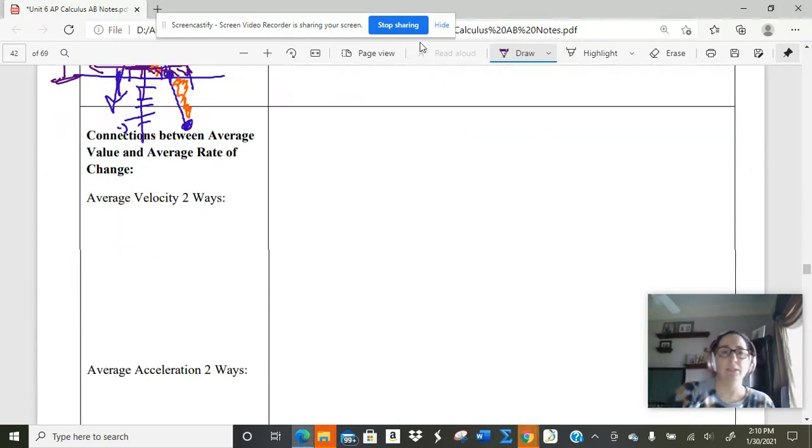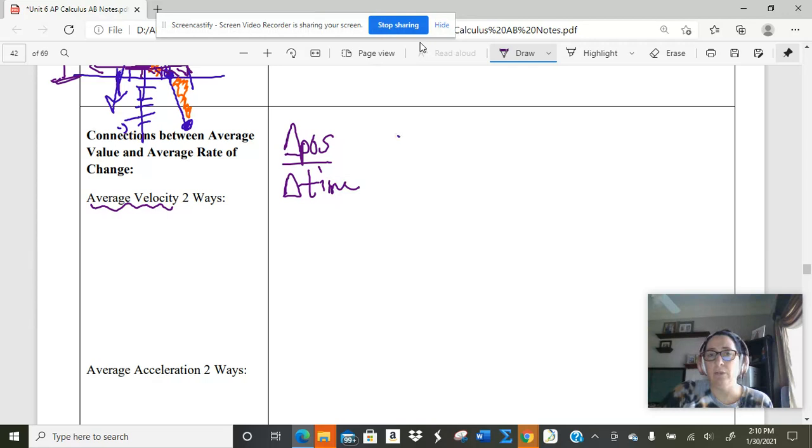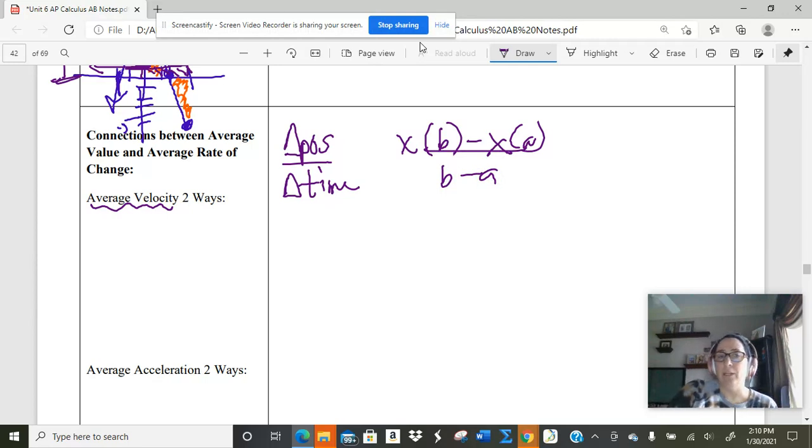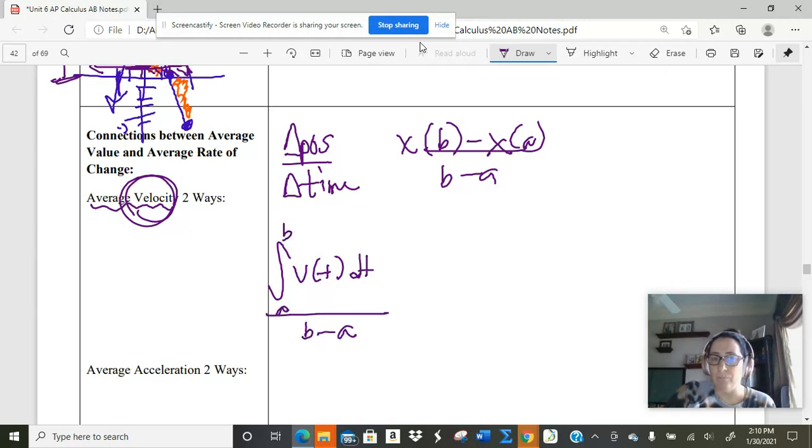So if I wanted to talk about average velocity now, I want you to see how you can do this in two ways. We always know that the average velocity is the change in position over change in time. But I want you to see now, if I want average velocity, I could integrate the velocity function and average it out.